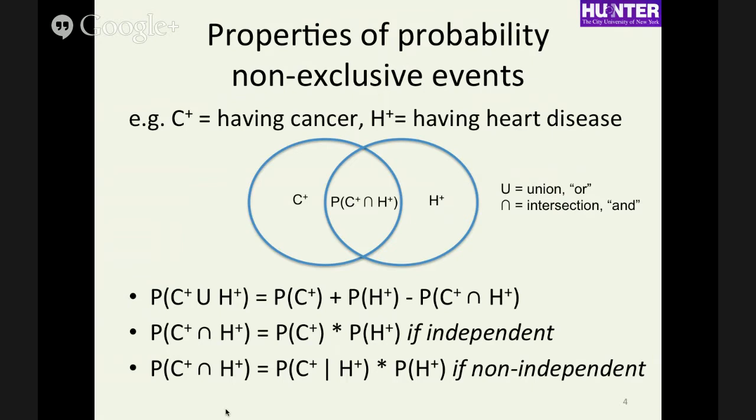Intersection of the two is this space in between, and the union is all of it together. So now, since these are not exclusive, the probability of the union is not just the simple sum of the two probabilities. You remember on the previous page, the probability of this union was just this simple sum, right? But now, because of this overlap, you're counting it twice if you take that sum, if you add up the area or the probability of this circle and this circle. So you have to subtract it off again.